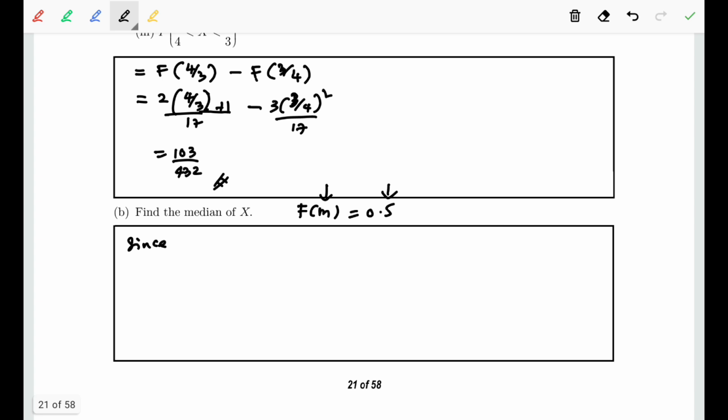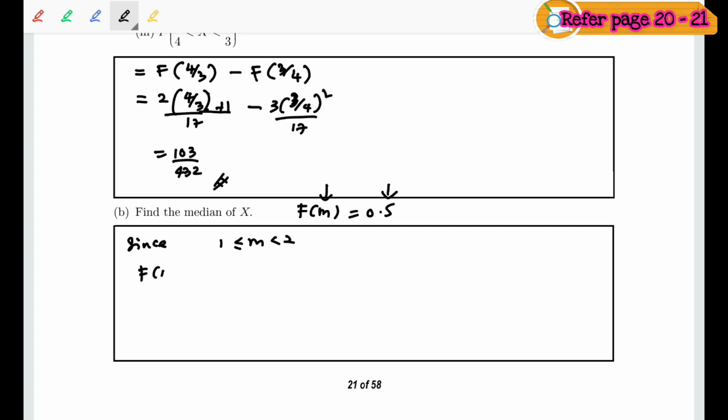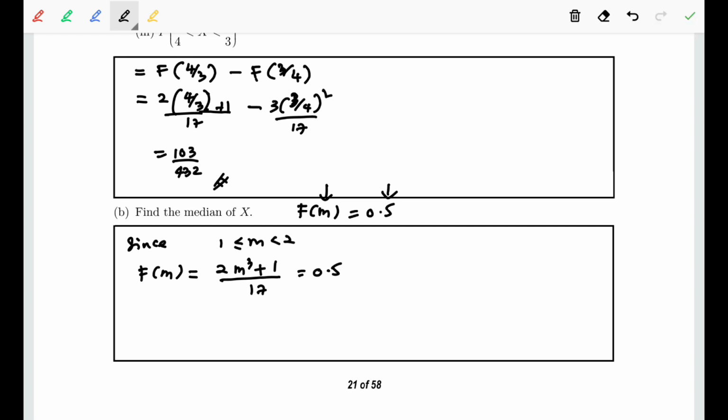Since m should be in between 1 until 2, f of m should equal 2 times m cubed plus 1 over 17 equals 0.5.